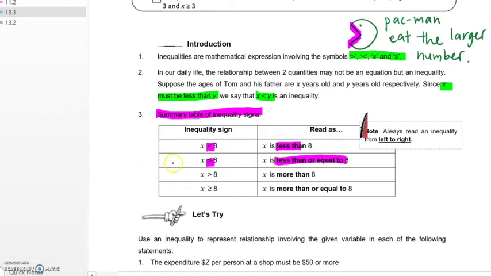So what this actually means is that x is less than 8 or x is equal to 8. So these are two possibilities. And then the same applies for x more than 8 and x more than or equal to 8. So you need to know what these four symbols represent.